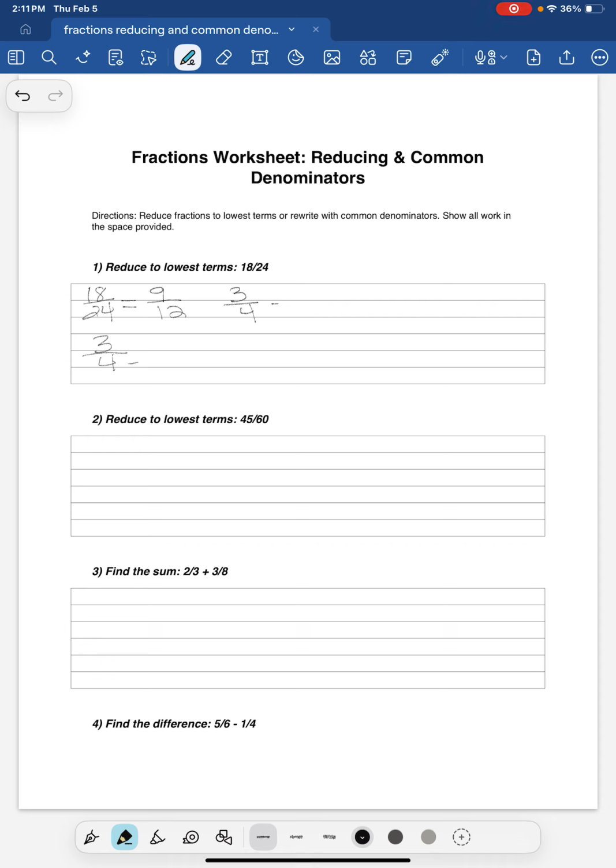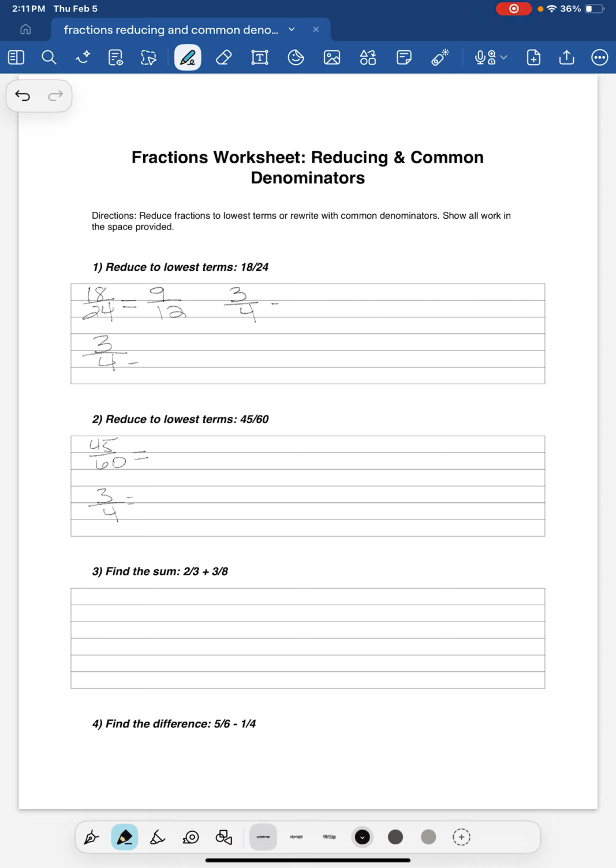Okay, we have another one that's similar. We have 45/60. Again, you might be able to tell immediately that both of those are divisible by 15. If you divide 45 by 15, you're going to get 3, and if you divide 60 by 15, you're going to get 4. It reduces to the same. But if you cannot do that, what are some hints here?